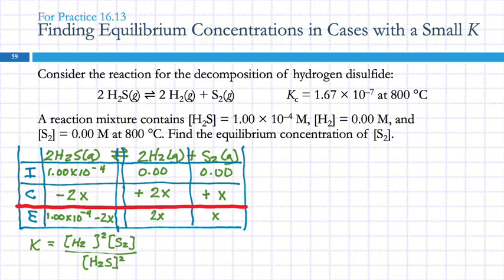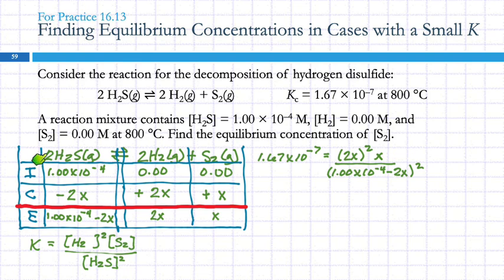Okay, equilibrium constant expression. Plug the values in. So 1.67 times 10 to the minus 7 is equal to 2x, the quantity squared, that's this guy right here, times x, divided by 1.00 times 10 to the minus 4 minus 2x, the quantity squared.